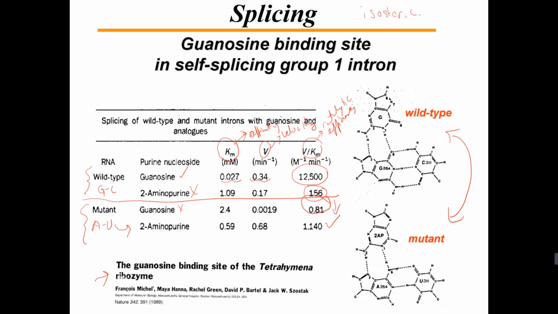Okay, so what does isosteric mean? So basically they have the same number of valence electrons in the same configuration, but differing in the kinds and numbers of atoms.